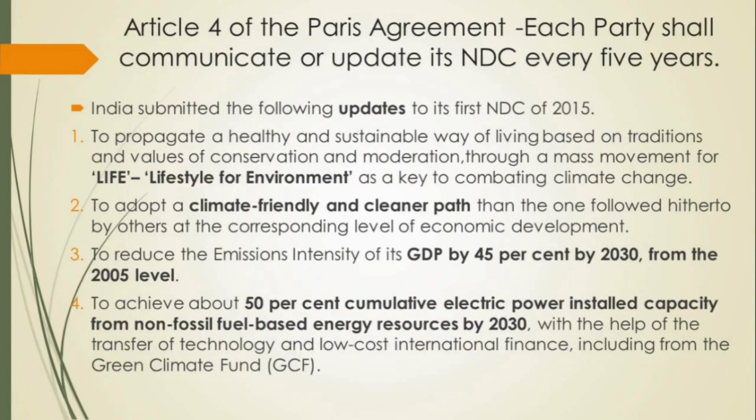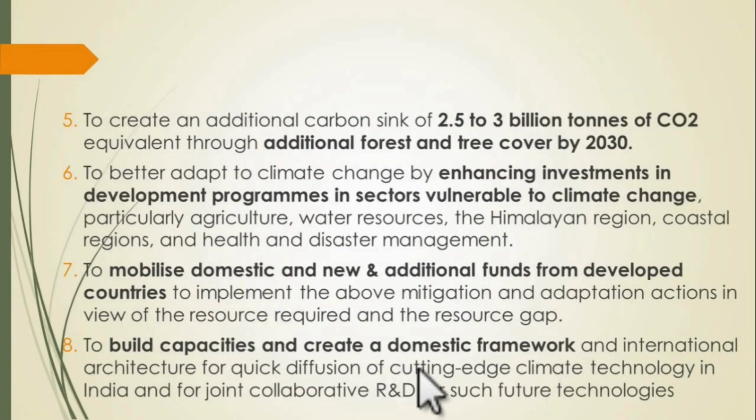So the government has increased the target to how much? 50%. Okay, so we are going to achieve 50% installed capacity by 2030. So these are the important updates of India at the Paris Climate Deal.